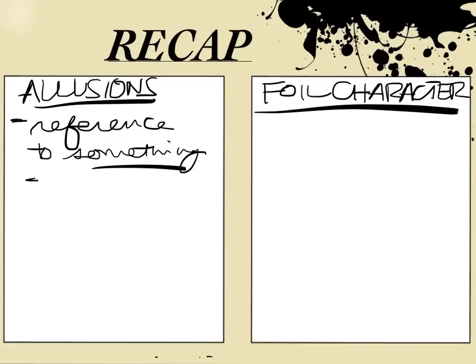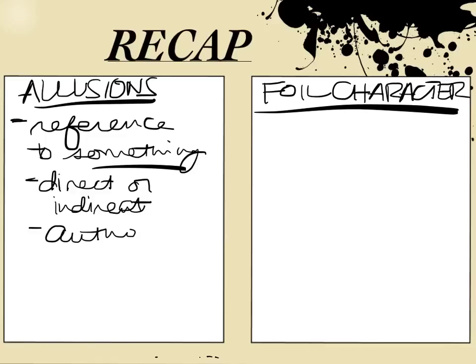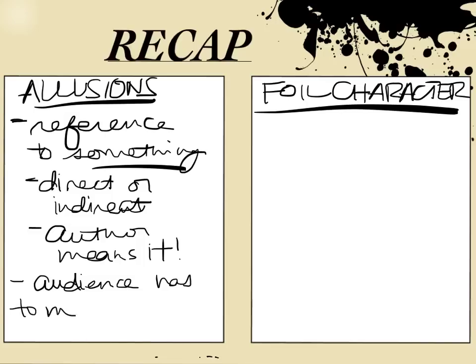These can happen in a direct or indirect manner, and they are meant to be made. These allusions, they are meant by the author. So the author means it, but the author doesn't give you all the information. The audience, I almost wrote author again, the audience has to make the connection.